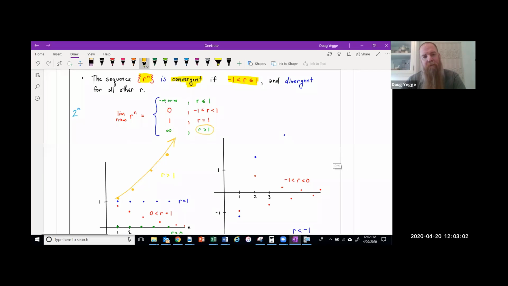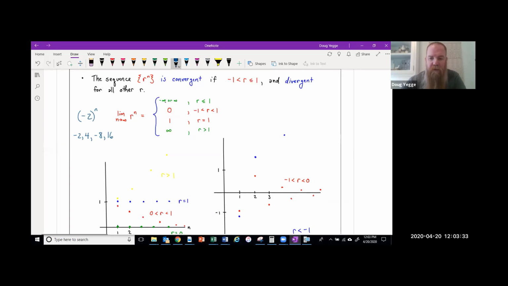I can see that the same thing is going to happen if r is less than -1. Because if r is less than -1, like maybe we have -2 to the power of n, now look at what's going to happen. If I plug in 1, I get -2. Plug in 2, you get +4. Plug in 3, you get -8. Plug in 4, you get +16.